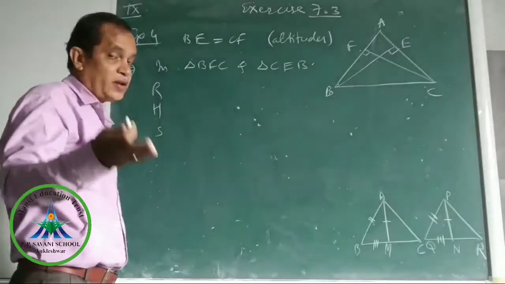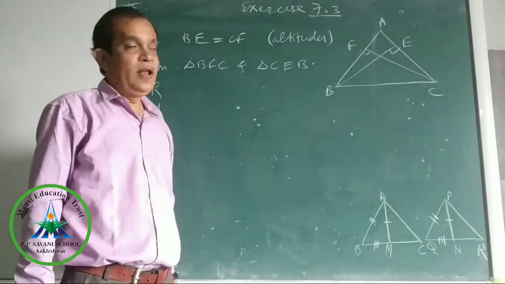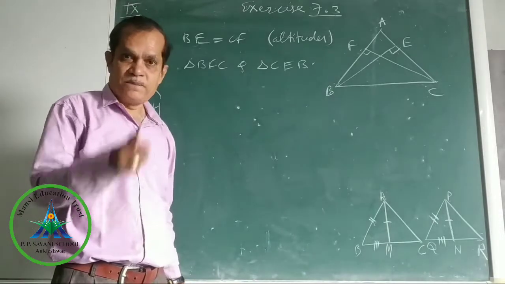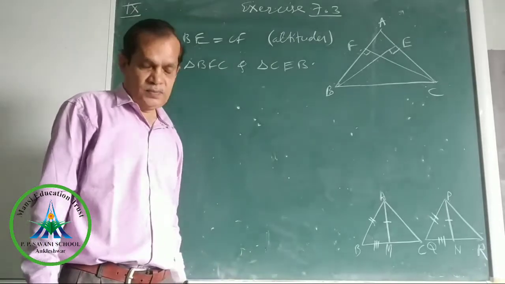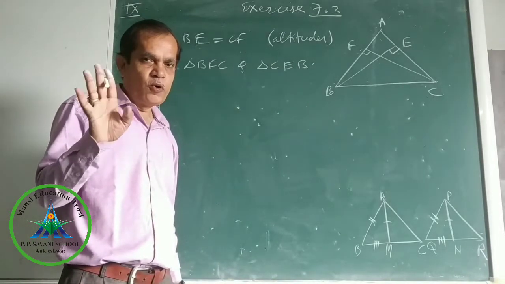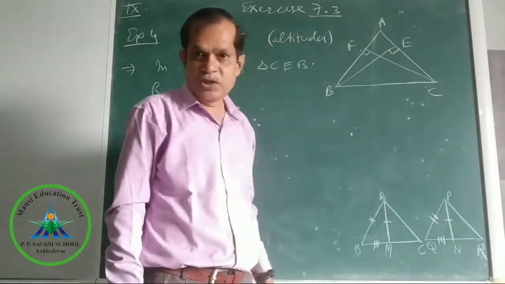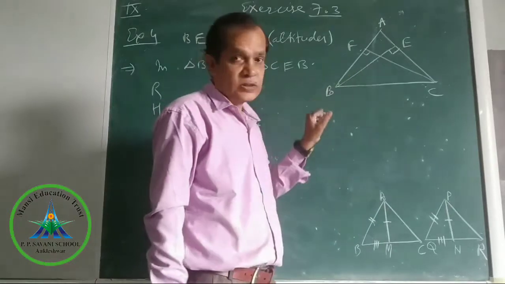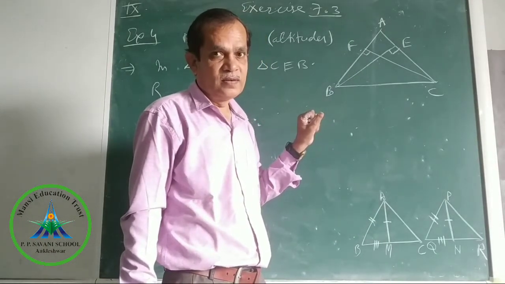Look, which sides are equal? BE and CF, given, both are sides. And which side is the hypotenuse? Think yourself. CF and BE are sides, given. So in both triangles, which side is the hypotenuse? I hope you read. Yes, very good.